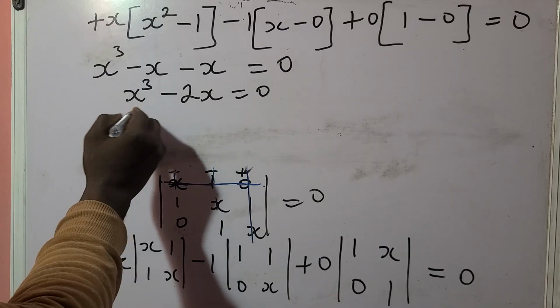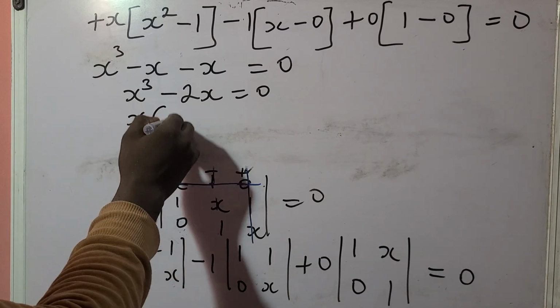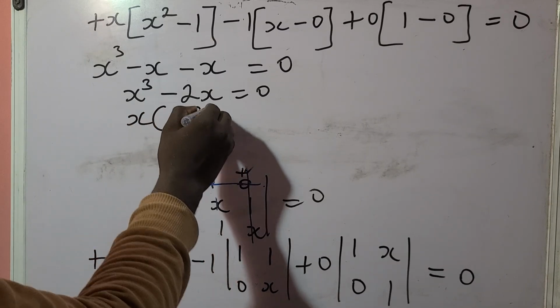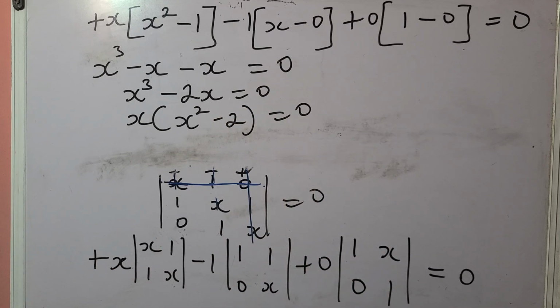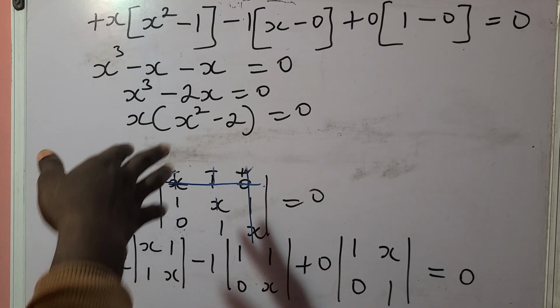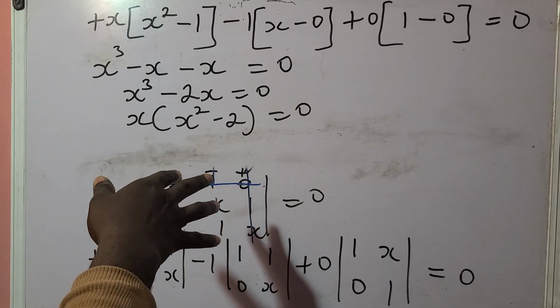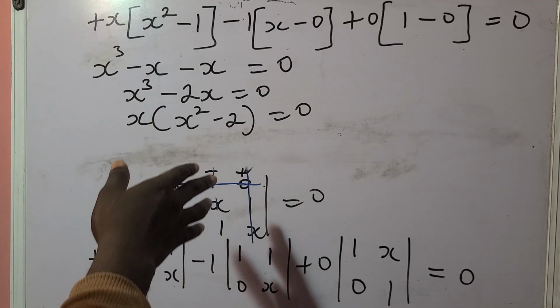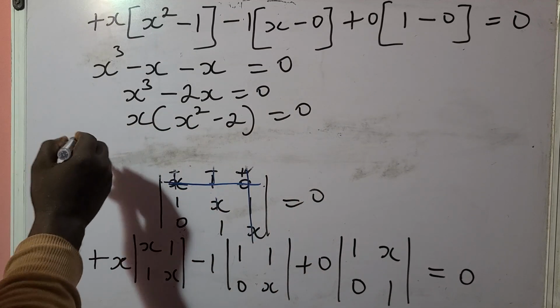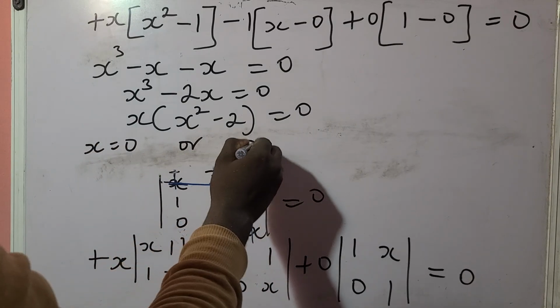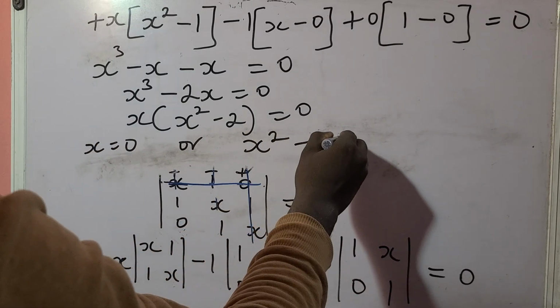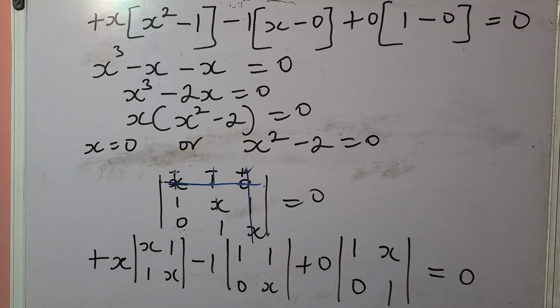So if we factorize x out here, we would have x, then we have x squared minus 2 equals to 0. So obviously here, I believe we can deduce the result of what we have here. We will have x equals to 0 or x squared minus 2 equals to 0.